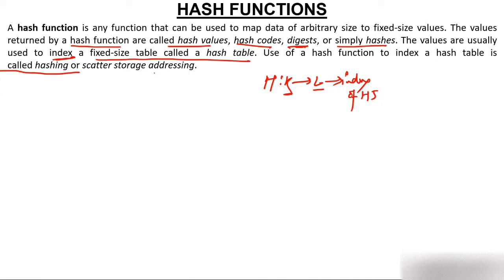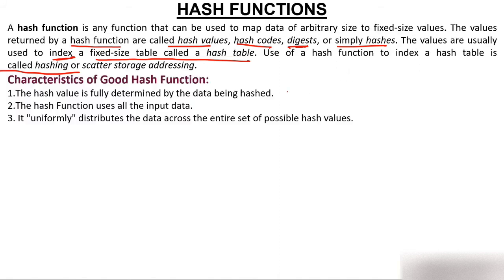So hashing is when you use a hash function in order to index a hash table. That gives you a new definition of hashing. Now let's look at the characteristics of good hashing. First, the hash value is fully determined by the data being hashed, so it depends totally on which data you are hashing.